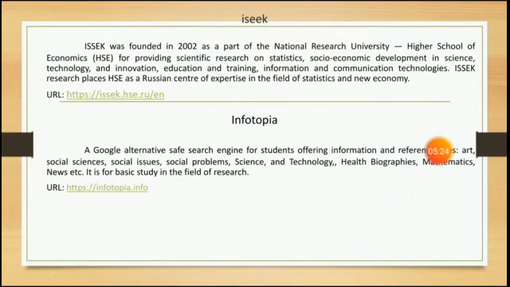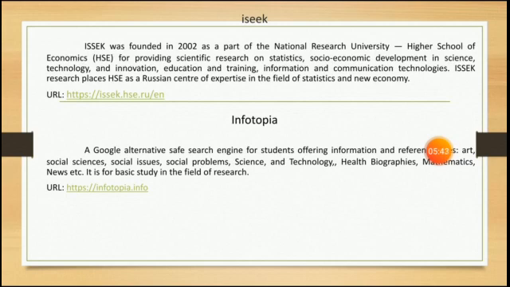Then next comes ISEEC. It was founded in 2002 as a part of the National Research University Higher School of Economics, for providing scientific research on statistics, socio-economic developments in science, technology and innovations, education and training, and information and communication technologies.